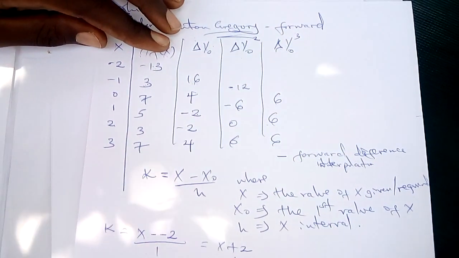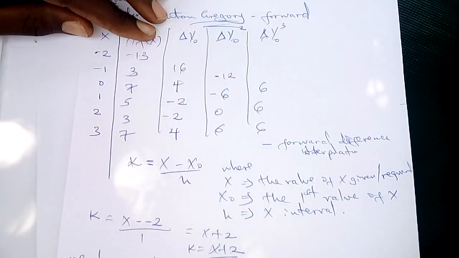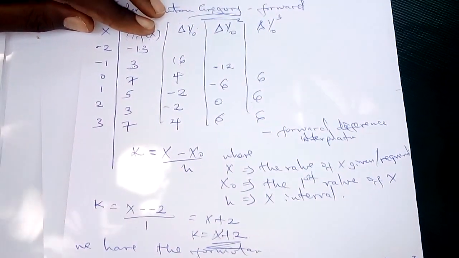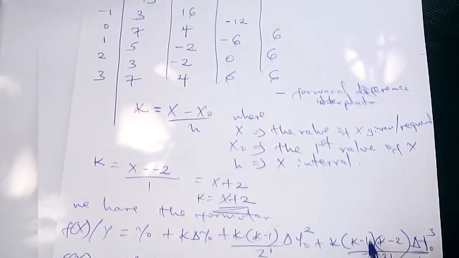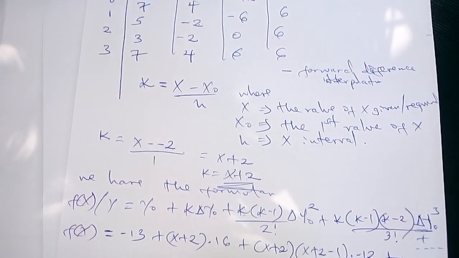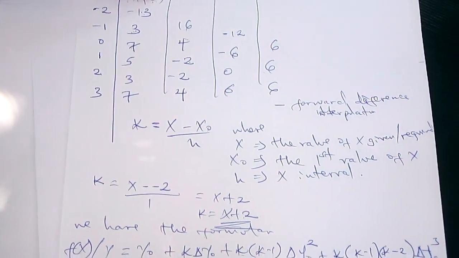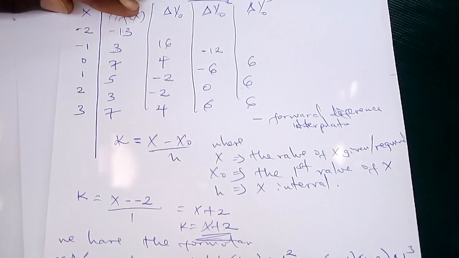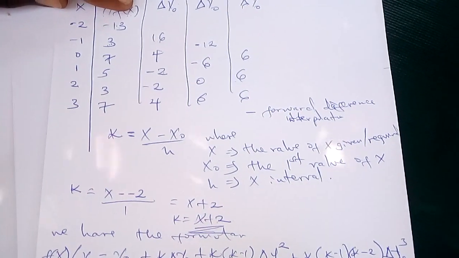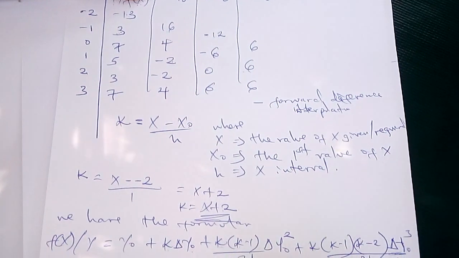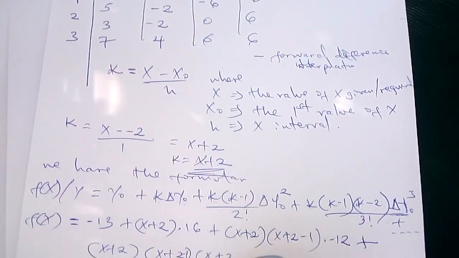Multiply by -12. Again plus, we move. We have k into k minus 1, k minus 2. So we substitute x plus 2. This is k, then x plus 2 minus 1, then x plus 2 minus 2.